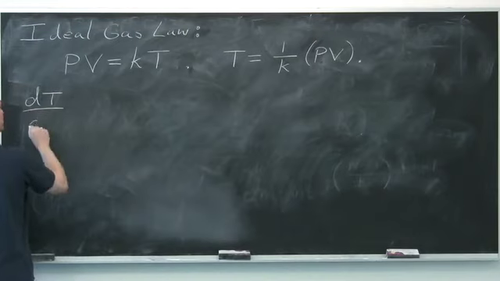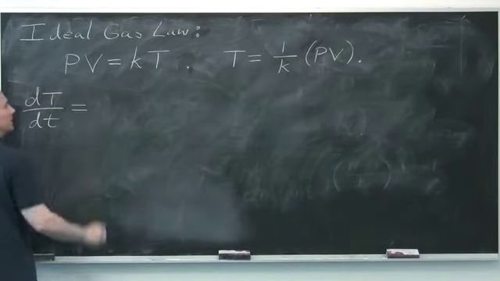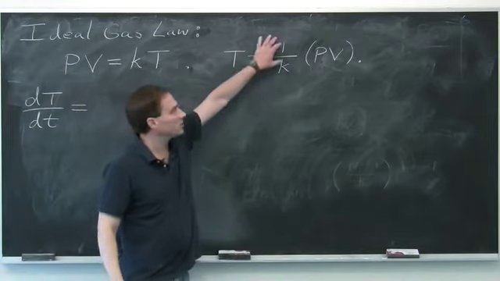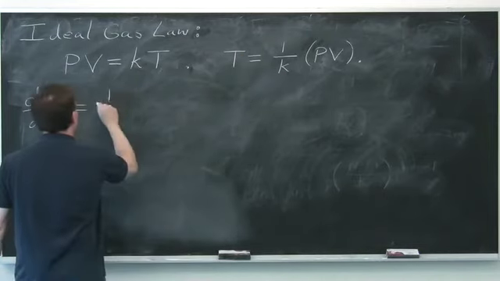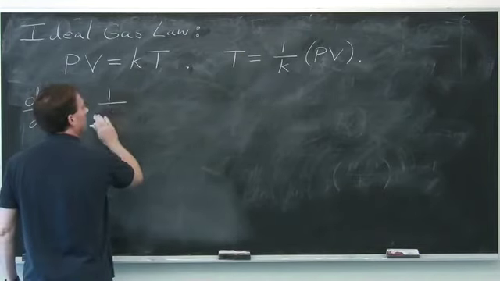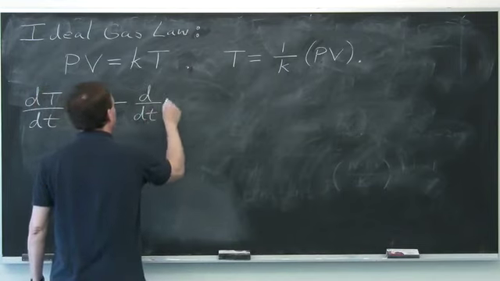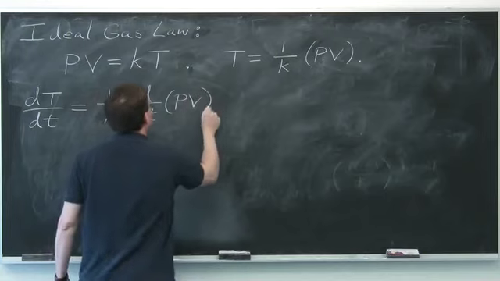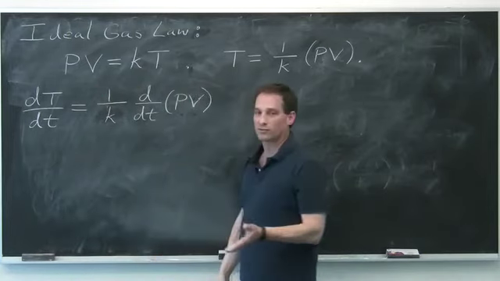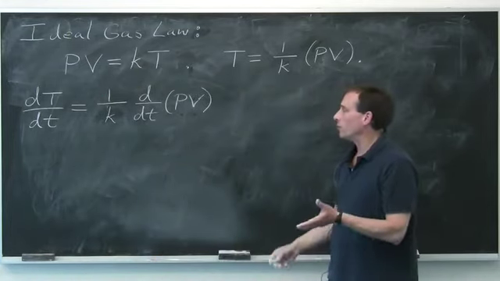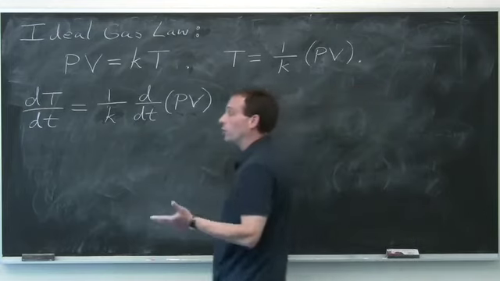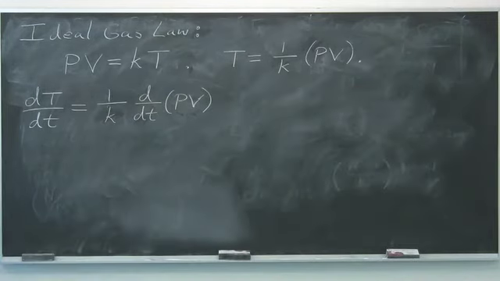dT/dt is, all right, this is a constant times that. So you just get a constant times the derivative with respect to t of this product. Okay, we don't know what these are as functions of time, but it doesn't matter. We know they're functions of time. We know they're differentiable at time t naught because we're given their derivatives at time t naught.